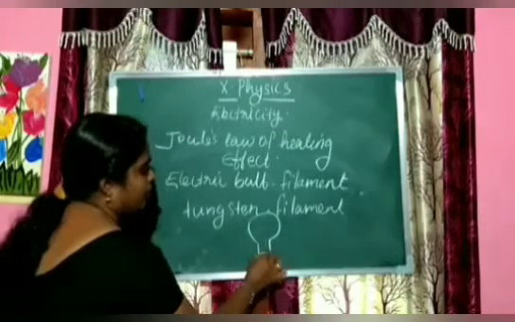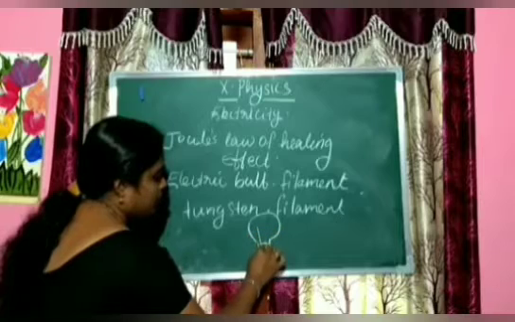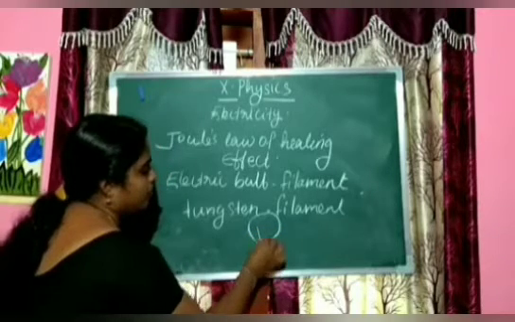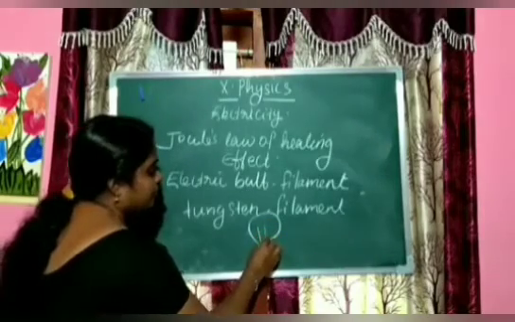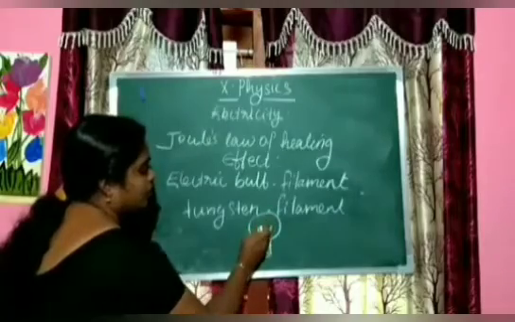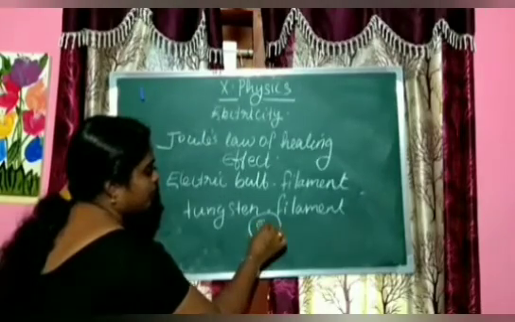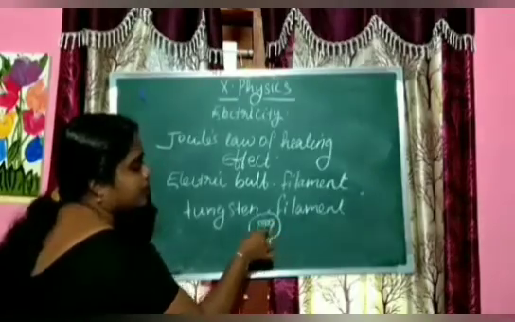It also has two terminals; one terminal is connected to the bottom and the other one is connected to the case itself. These two terminals are the electrodes. They are connected with a filament, and this filament is made up of a material known as tungsten.